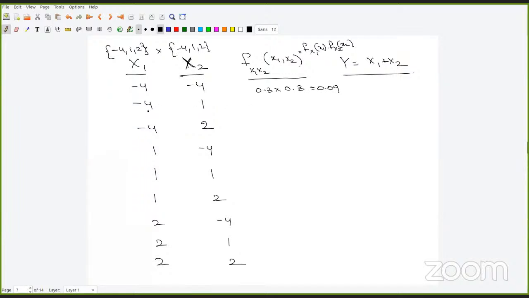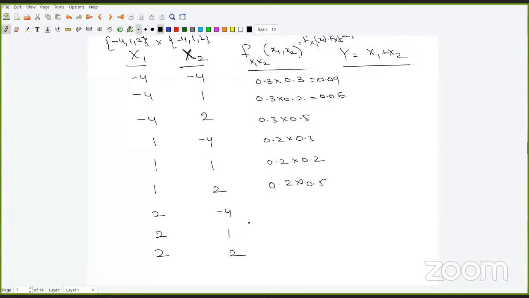Similarly, you compute the probability that x1 takes -4 and x2 takes 1. That equals the probability that x1 takes -4 times the probability that x2 takes 1, so 0.3 times 0.2, which is 0.06. Like this you fill the table. This will be 0.3 into 0.5, and 0.2 into 0.3, 0.2 into 0.2, 0.2 into 0.5.